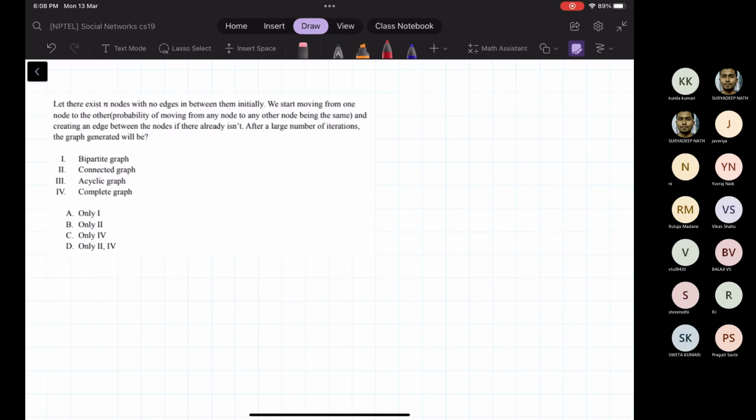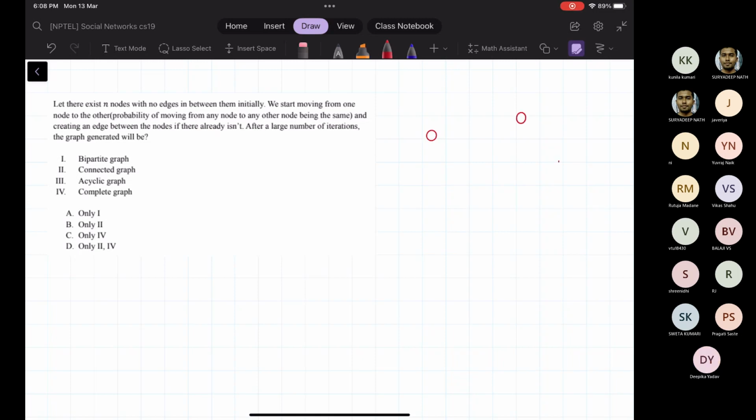So what they are basically saying is, suppose you have, say, 6 nodes. You start from one node, and with equal probability you hop on to any other node.